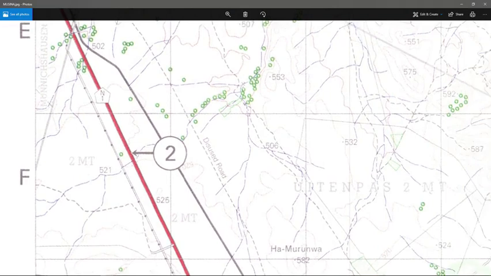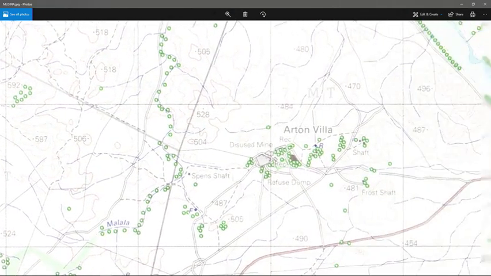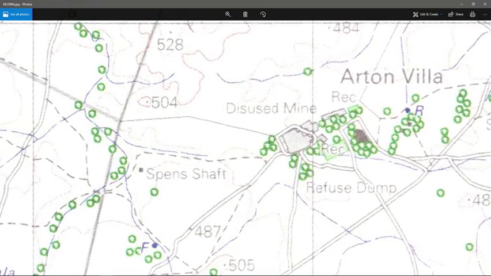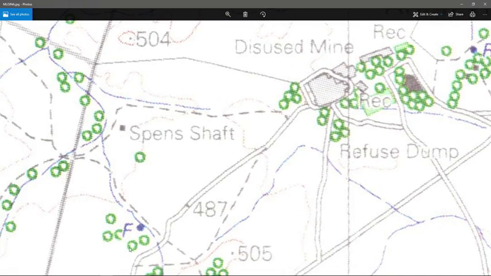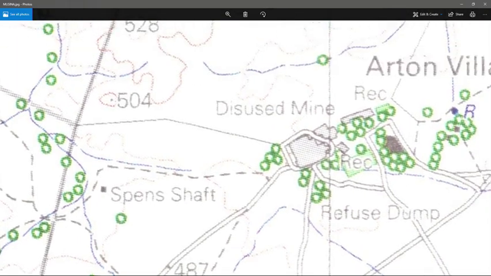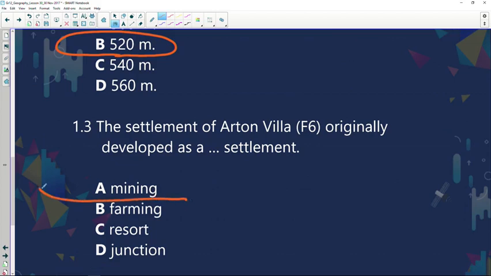There's F1, F2, F3, F4, F5, and there it is. As you can see, Spence Shaft, a disused mine. That is a clue, and let's see if they give us the option of mining. Yes, it's A, mining used to take place over there.